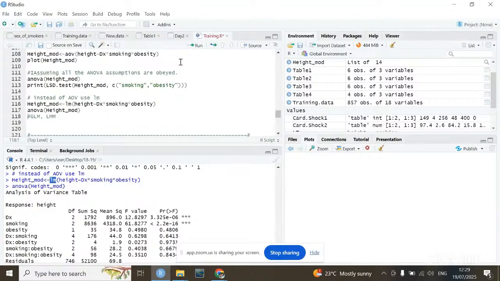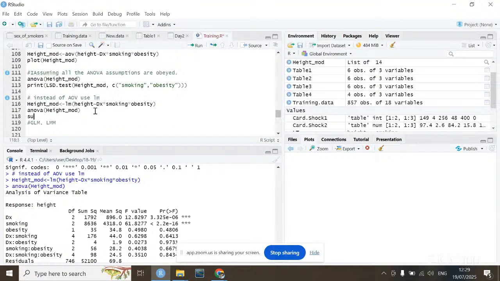If you're having the RCBD, you may have RCBD, you may be having the alpha lattice, you may be having the Latin square. So it depends on the experiment you're doing. But for the general, this is how you do it. That is if the assumptions are obeyed.